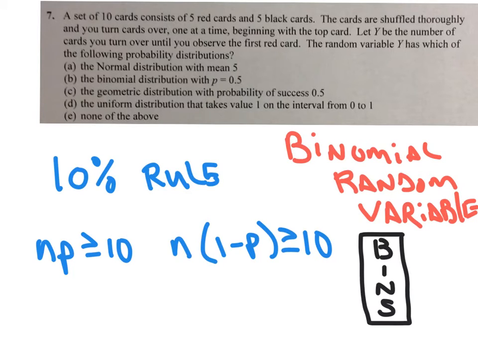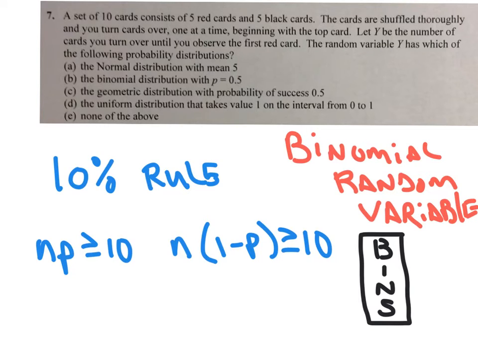Is the setting okay to continue with the binomial random variable? Remember, your sample size has to be 10% or less of your population size. In other words, if you're pulling out a sample and not replacing it, it's okay as long as that sample size is 10% or less of your population.